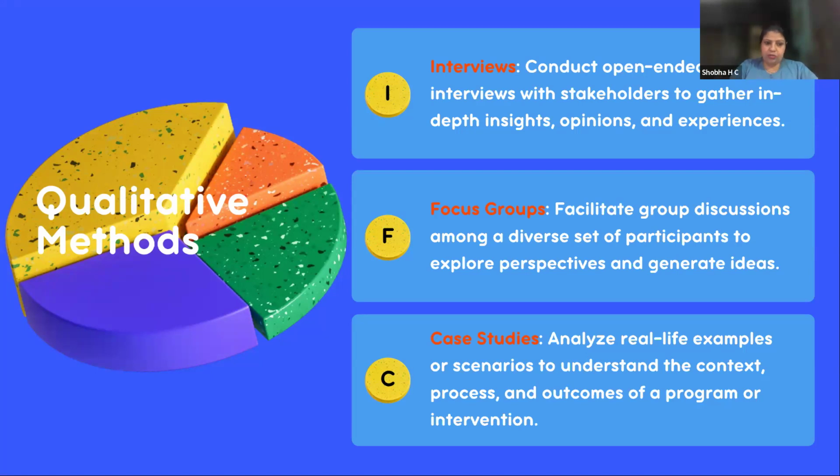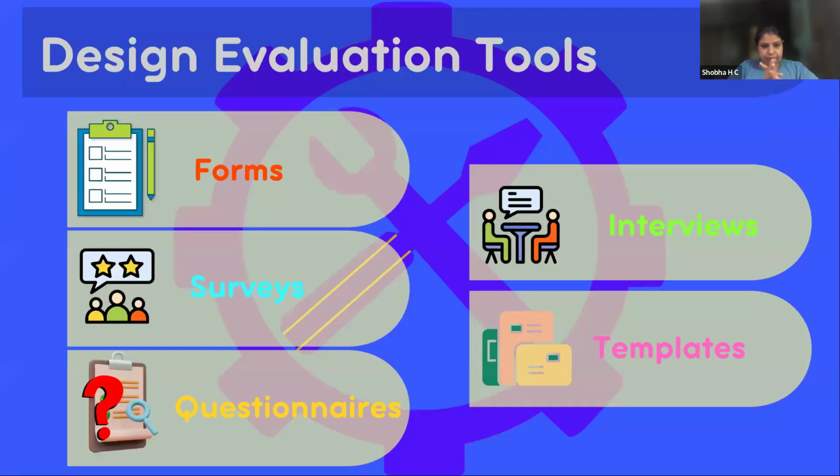Any questions before we move on to talk about the tools? Okay, let's move on. There are different tools that we use. We use forms. It could be forms on Google. It could be the Teams forms. It could be surveys, questionnaires, interviews, and templates. These are some of the very popular design evaluation tools.